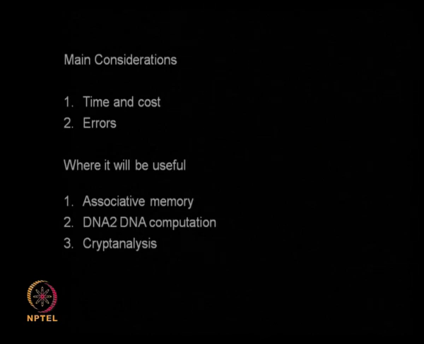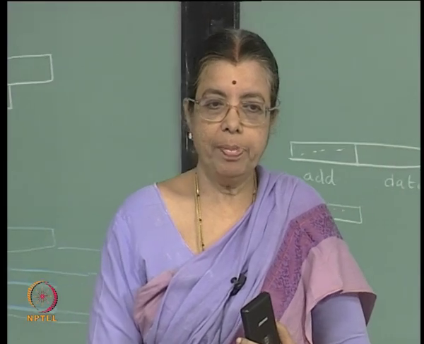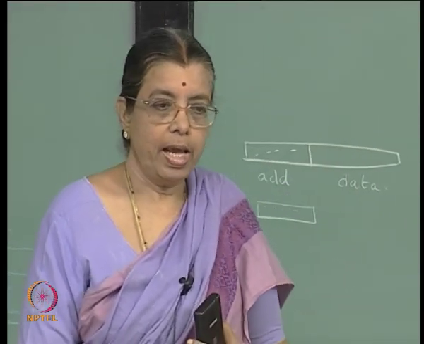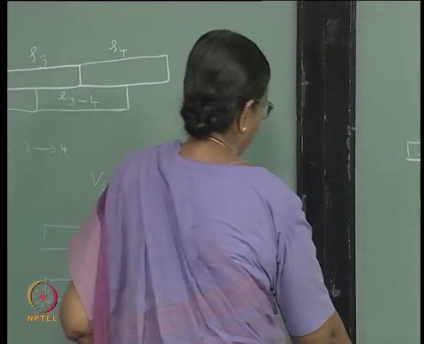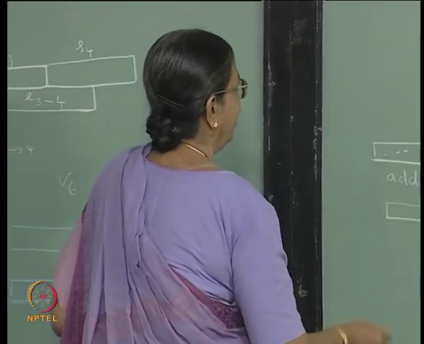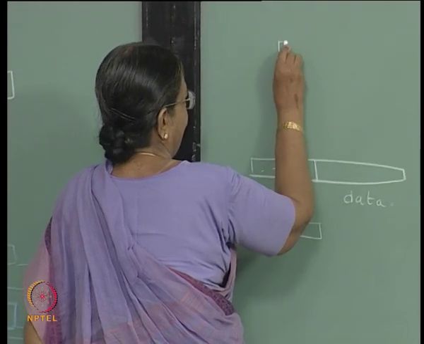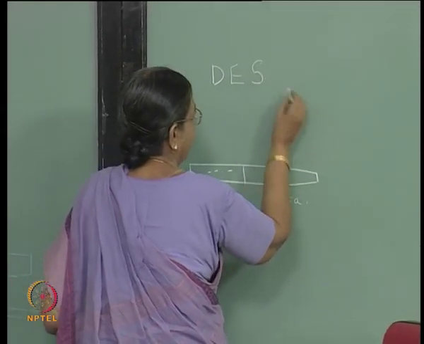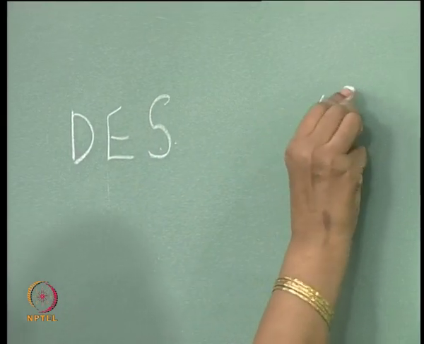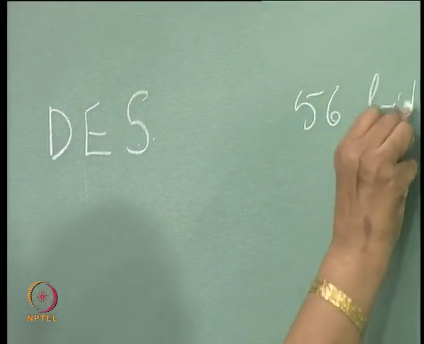A third application is cryptanalysis. When you want to break a crypto code, take DES, which has become very old now; you have other schemes now, but the older one I am mentioning is the data encryption standard. You use 56 bits as key.